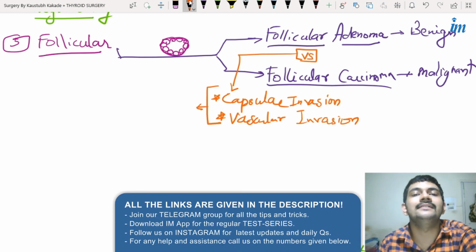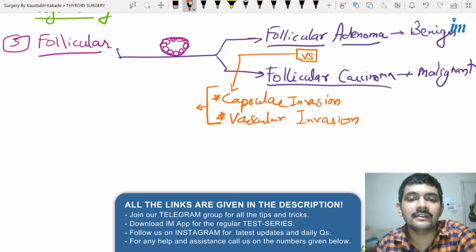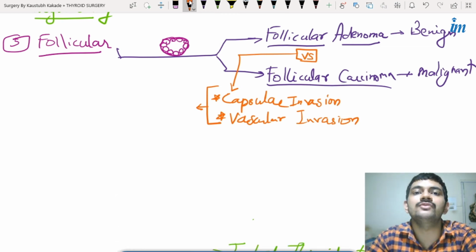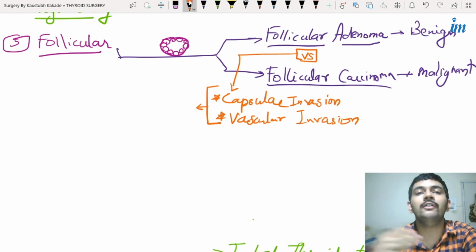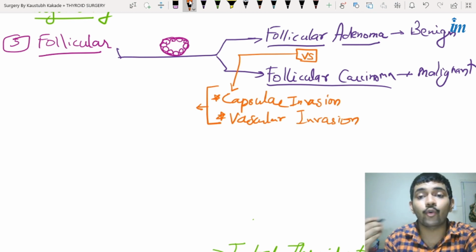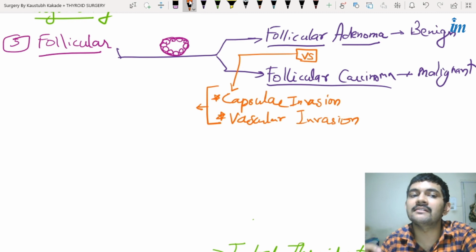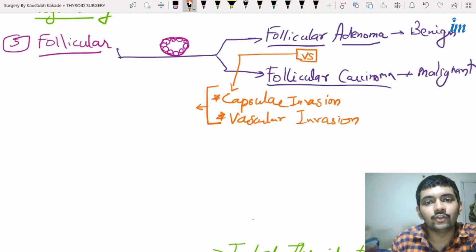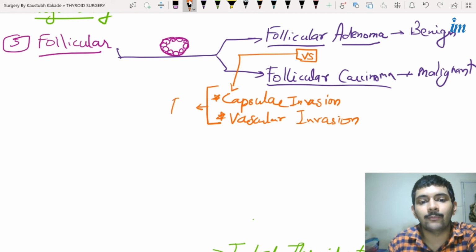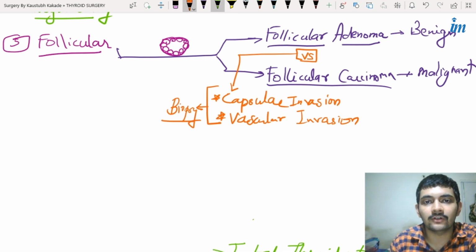You cannot get these two on a simple FNAC, because in FNAC you are drawing out just the cells using a needle. You're not removing the capsule, you are not removing the blood vessels. So, definitely FNAC fails when it comes to follicular pathologies. So, the diagnosis has to be done with the help of a biopsy. How will you get that biopsy? That is your next step.